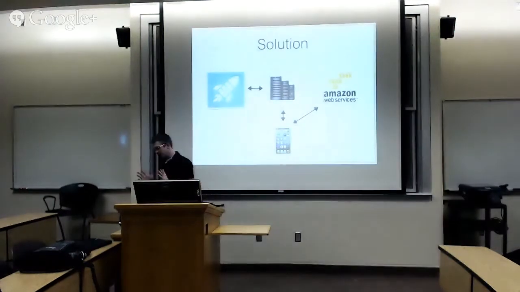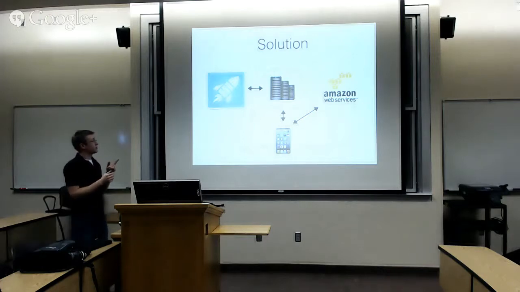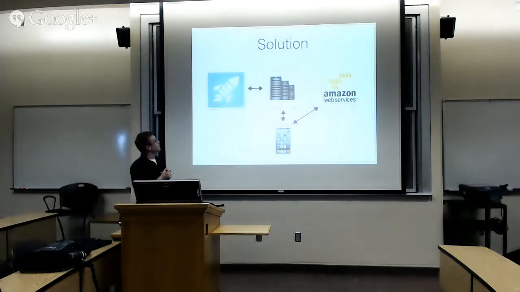It's an iOS app, and I have some different technologies running. I'm using Node.js on my server, and I'm using MongoDB, which right now is hosted on MongoHQ, and I'm using Amazon Web Services, mostly just to store images and make them easy to access.